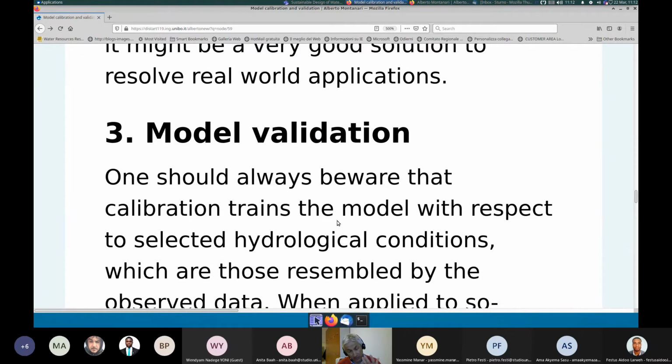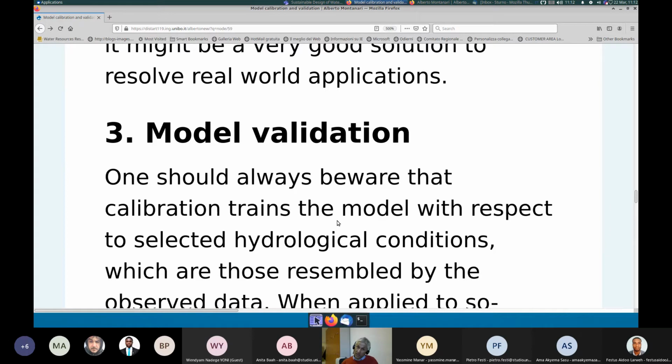But if the calibration was referring to a limited context, then when you put the model in front of a new situation, out of context, or in technical terms out of calibration sample, the model may be very poor.